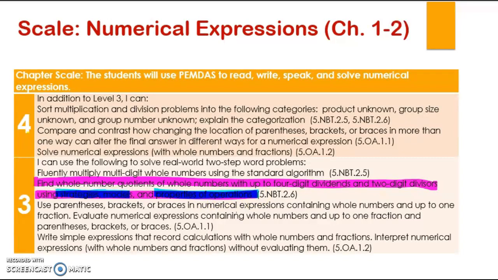And finally, we want to be able to sort, especially division problems, into these categories: product unknown, group size unknown, group number unknown, and explain why they're in each category. All right, boys and girls, remember, this is the goal, but it's always good to push higher.